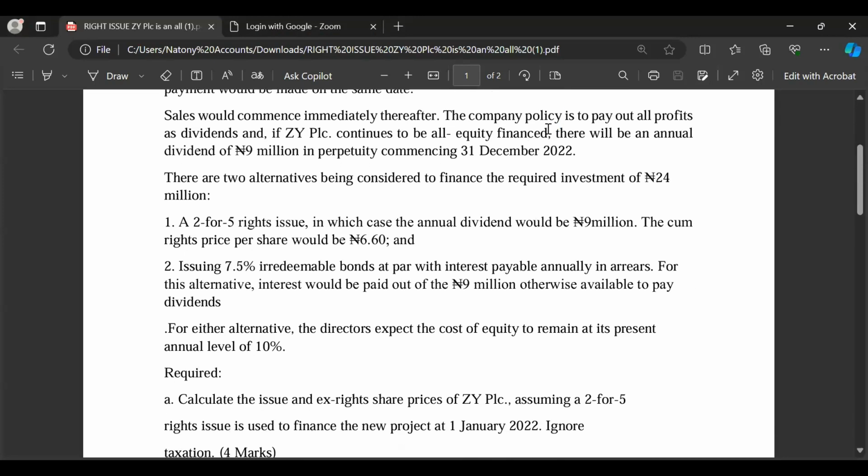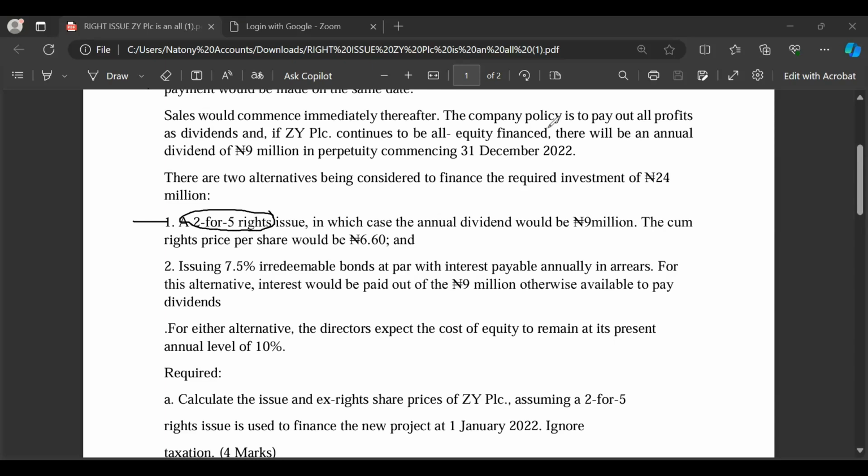Alternative 1. A 2-for-5 rights issue. So this 2-for-5 is the rights issue ratio, in which case the annual dividend will be 9 million.